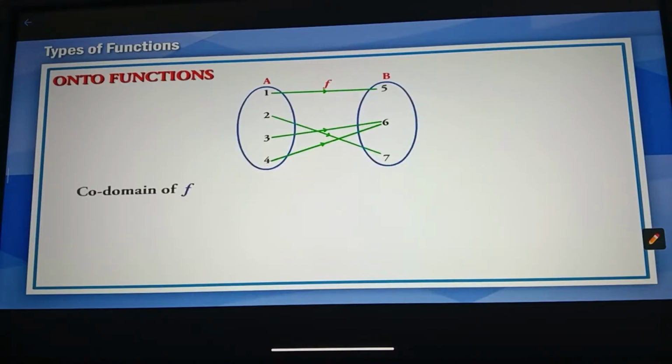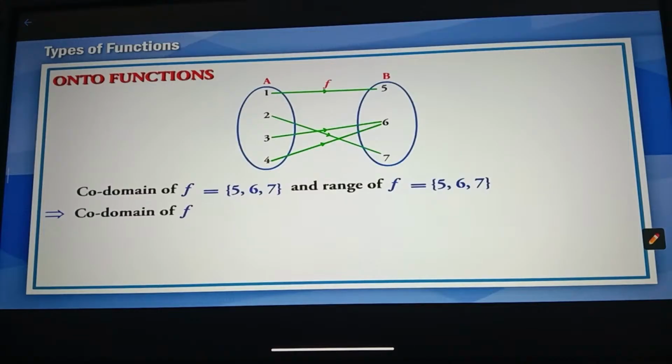The codomain of function f is set P with the elements 5, 6 and 7. And the range of the function is also the same set. It implies that the range of the function is equal to the codomain of the function. Such functions are known as onto functions.